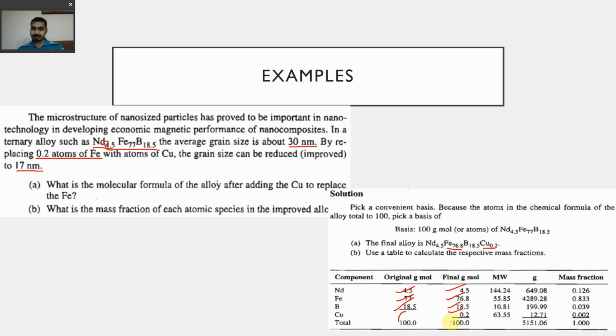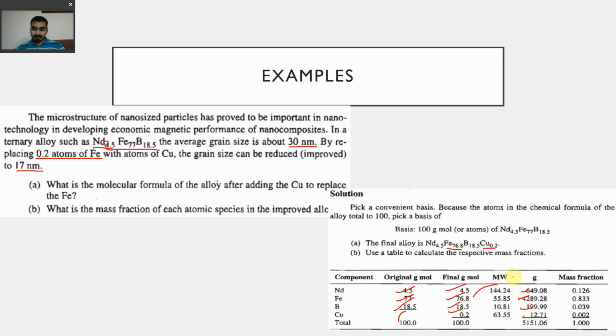Total will be 100 as well. Now you are given a molecular weight. Molecular weight will be given to you, or else you can find it in any book. So these are our molecular weights. Molecular weight multiplied by gram moles, you will get the equivalent weight, or we can say the grams actually.